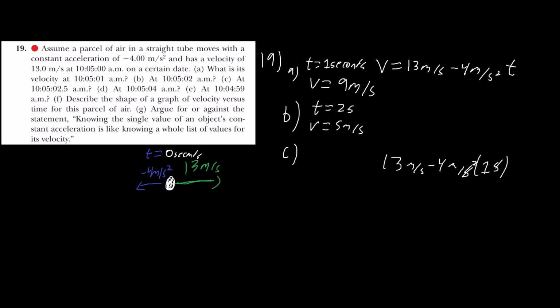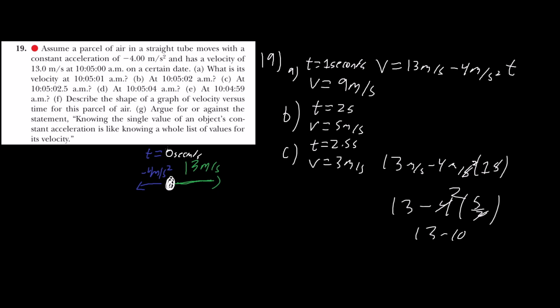And at 2.5 seconds, that would be 13 minus 4 times 2.5, so that would be 13 minus 10. So at t equals 2.5 seconds, the velocity is going to be 3 meters per second.